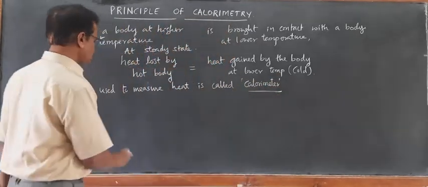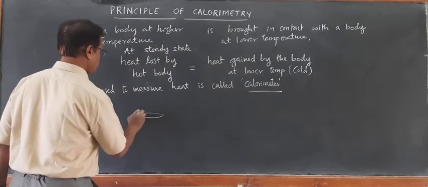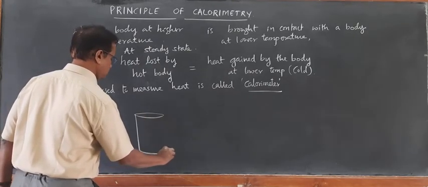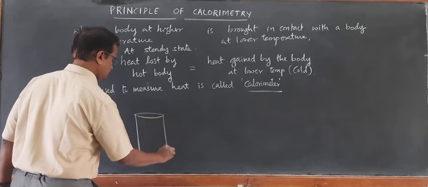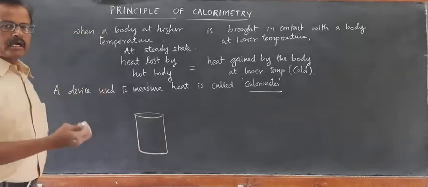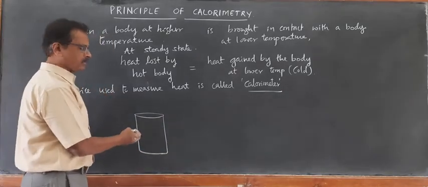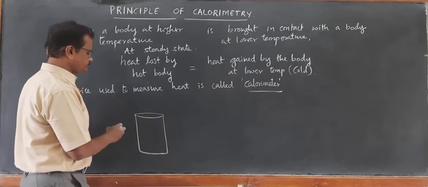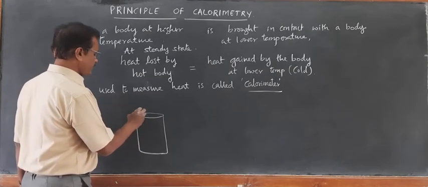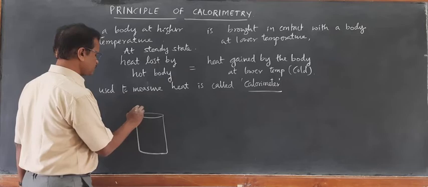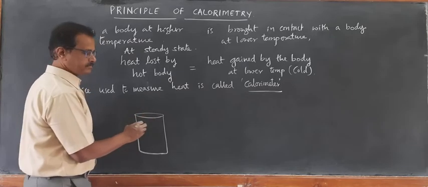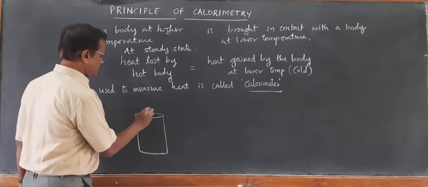A calorimeter is a copper beaker, a copper container with a closed lid and a stirrer.